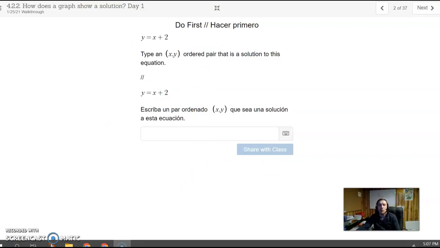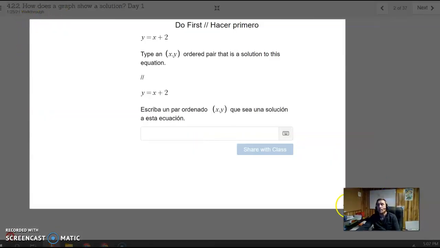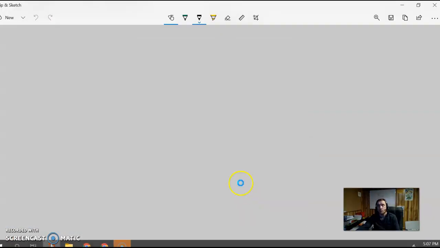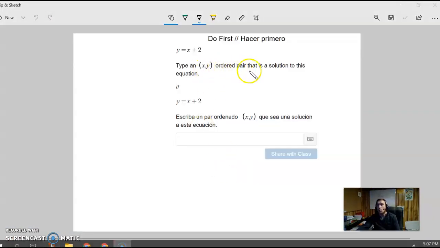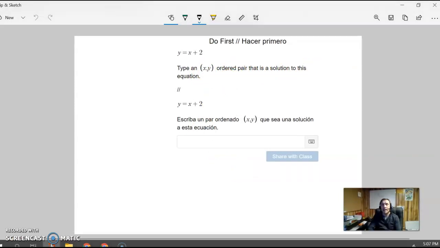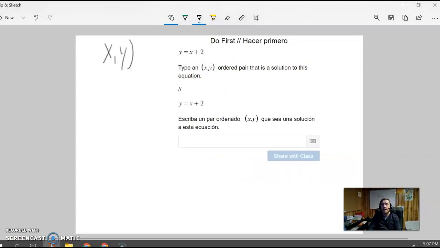Same thing right here. You really need to be able to, on the second slide, pick points that make this true. So when we say type an ordered pair that is the solution to this equation, what we're saying is, what's an x, y value that we can plug into this equation to make it true? So think about it.